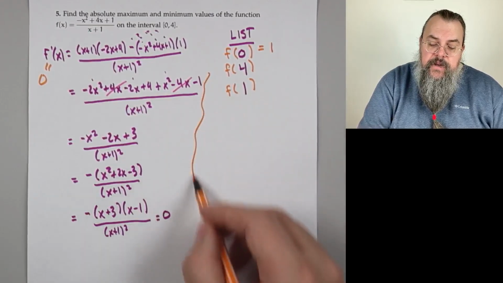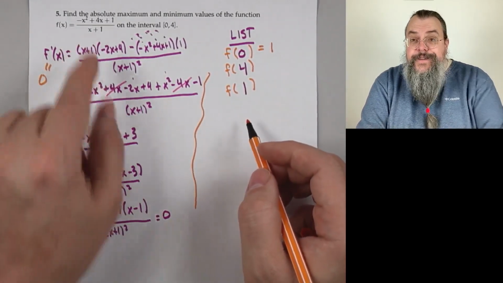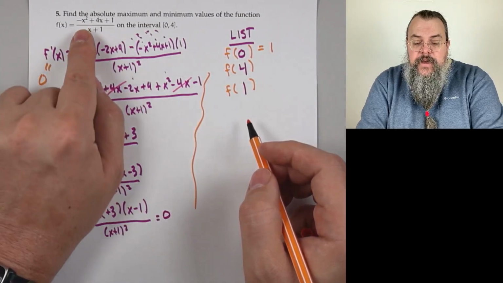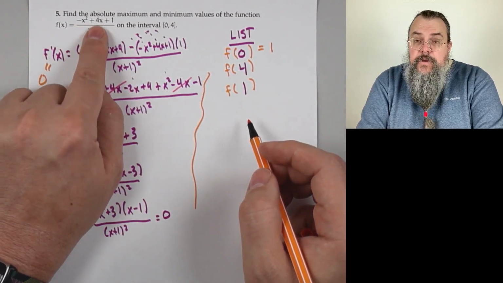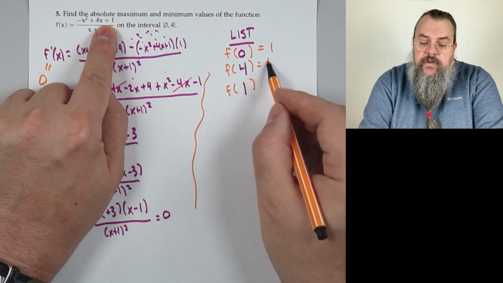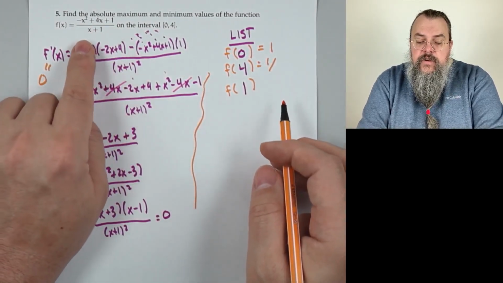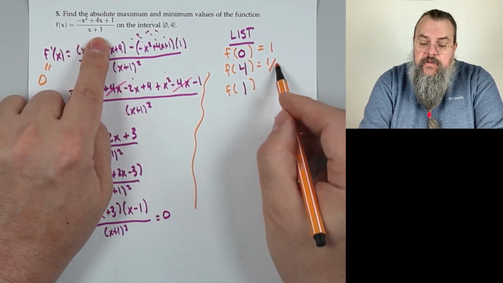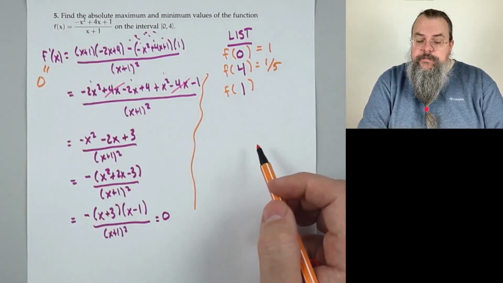Okay, so that's not so bad. What about 4? Well, that one you have to think a little bit. You get -16 plus 16 plus 1, which means you get a 1 upstairs. What about downstairs? 4 plus 1 makes 5, so 1/5.